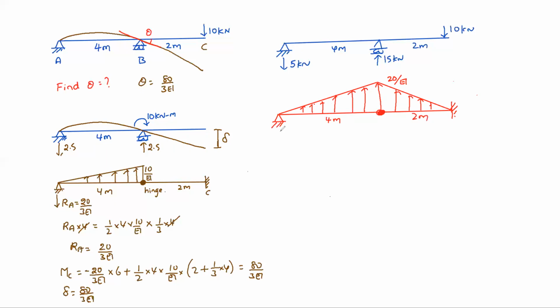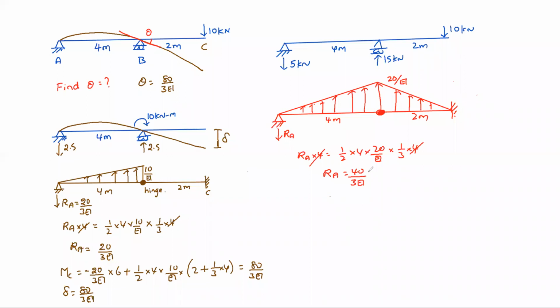So taking here RA into 4 equal to half into 4 into 20 by EA into 1/3 of 4. So 4 gets cancelled. RA equal to how much? 40 by 3, sir. 40 by 3EA.